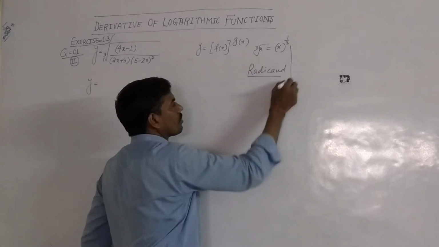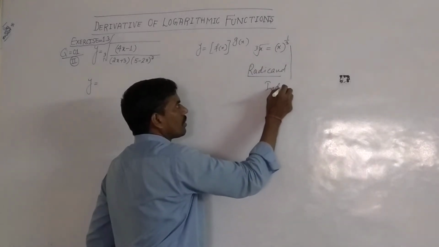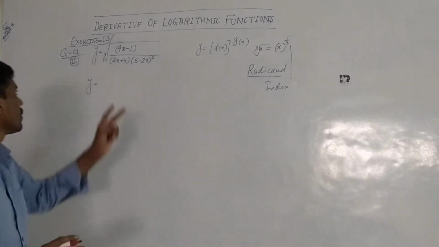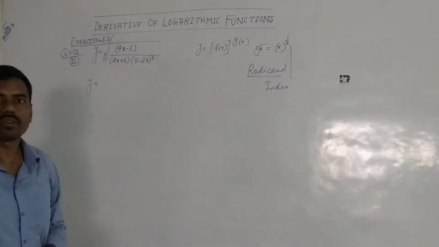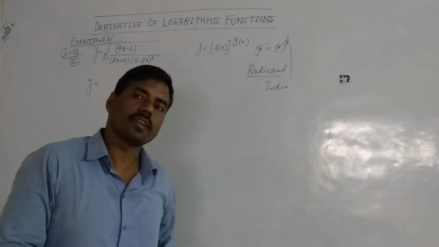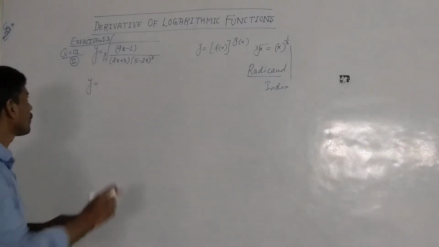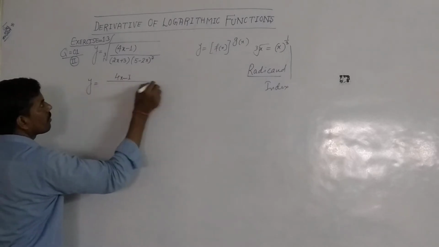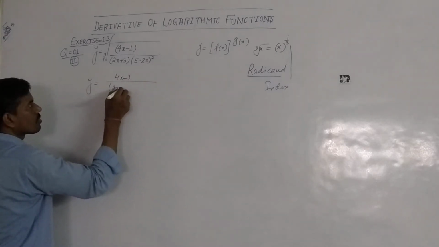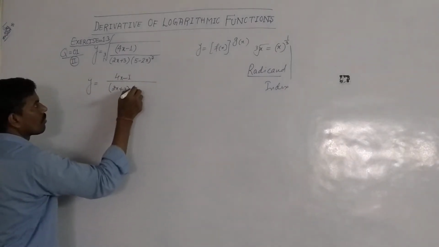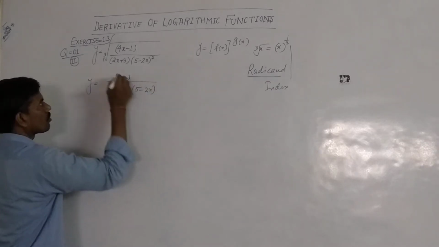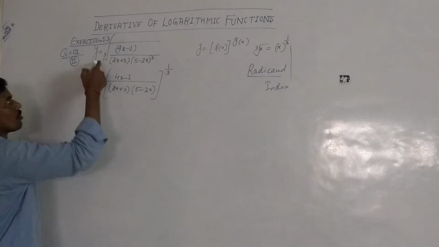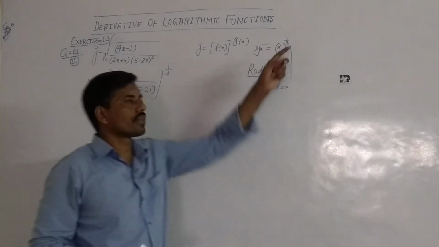So first of all, since this one is in radicand form, we have to convert it into index form. कैसे? 4x minus 1 divided by 2x plus 3 into 5 minus 2x to the power 1 by 3. Cube root means 1 by 3.